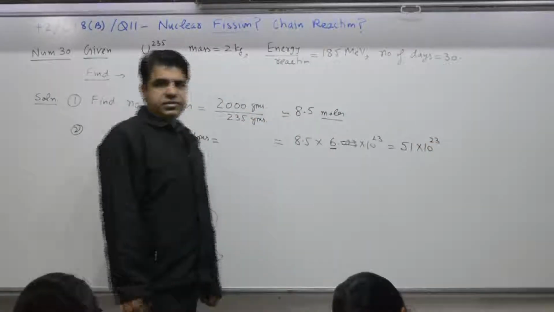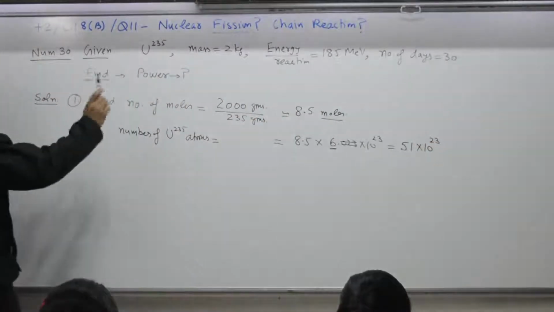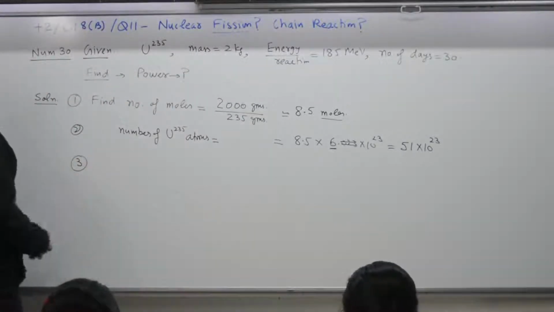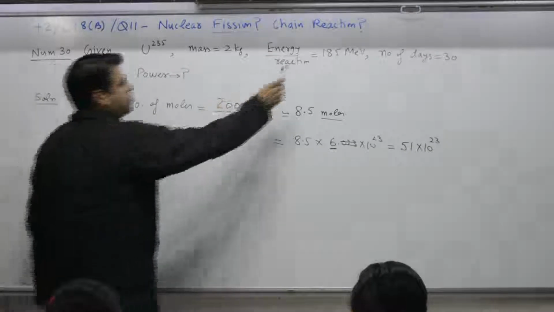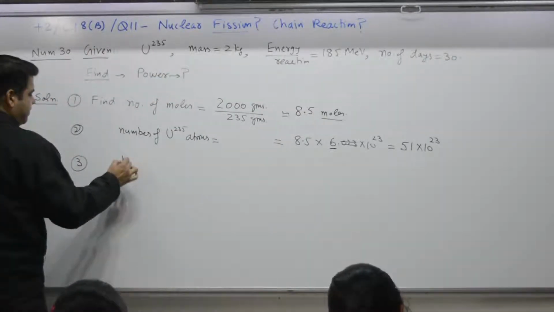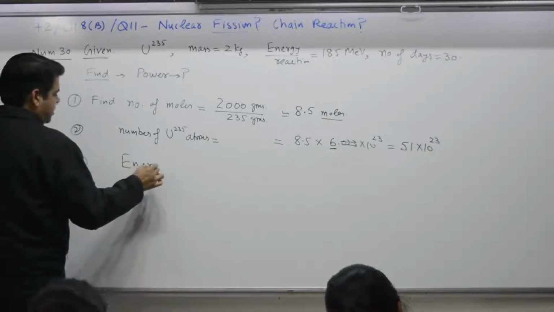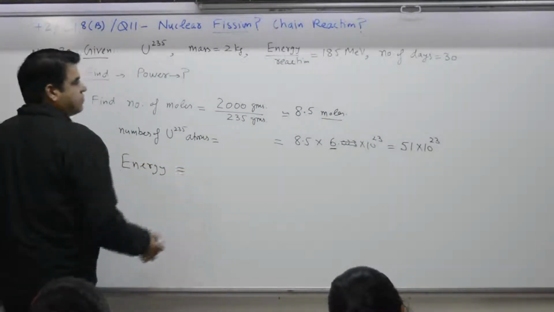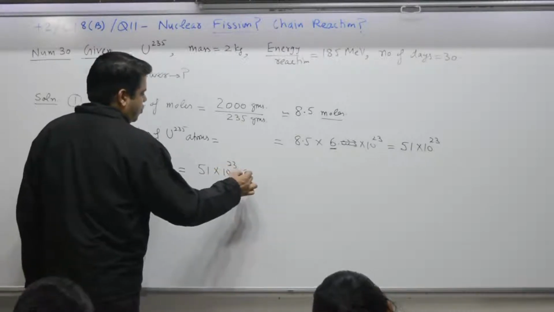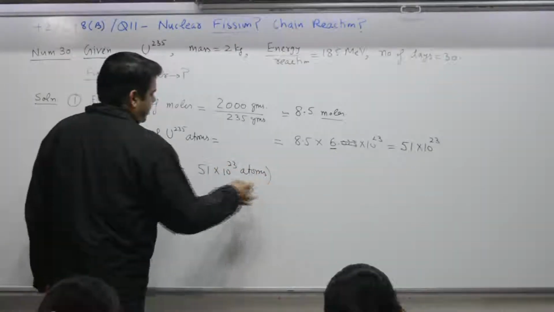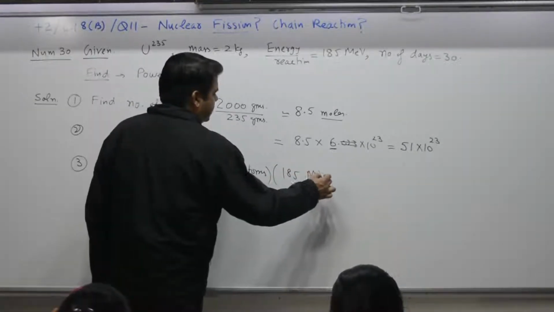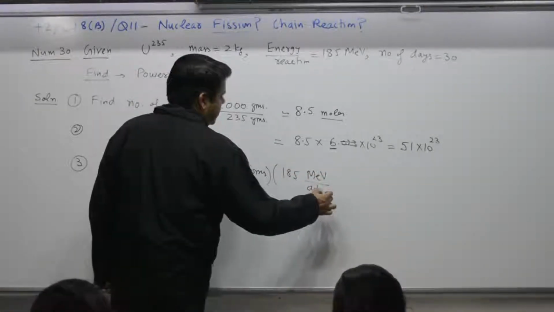So many atoms. Each atom, each reaction gives you how much energy? 185 mega electron volt per reaction, means per atom. So what is energy available? Energy available is the number of atoms times 185 mega electron volt per atom.